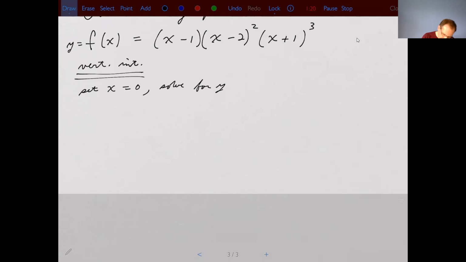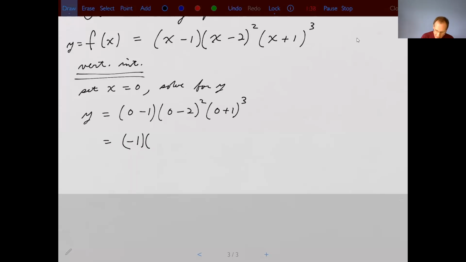So in this case, it would be y equals (0 minus 1) times (0 minus 2) squared times (0 plus 1) cubed. Well, 0 minus 1 is just negative 1 times negative 2. It's the whole negative 2, right? 0 minus 2 is negative 2.